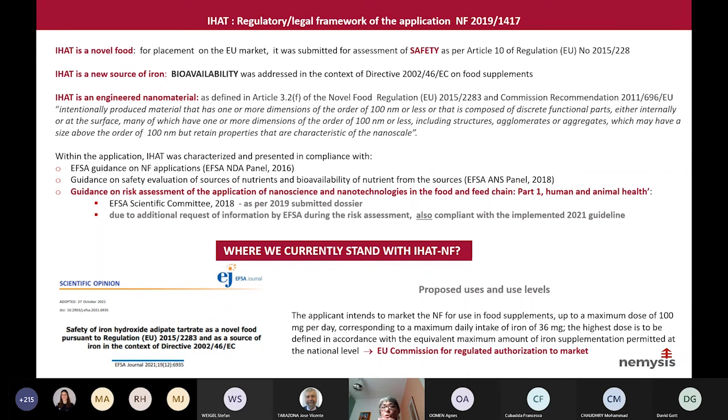But of course, the final dosage will need to take into consideration the permitted levels at the national level in the member states. So we are currently undergoing the authorization process to enter the market.